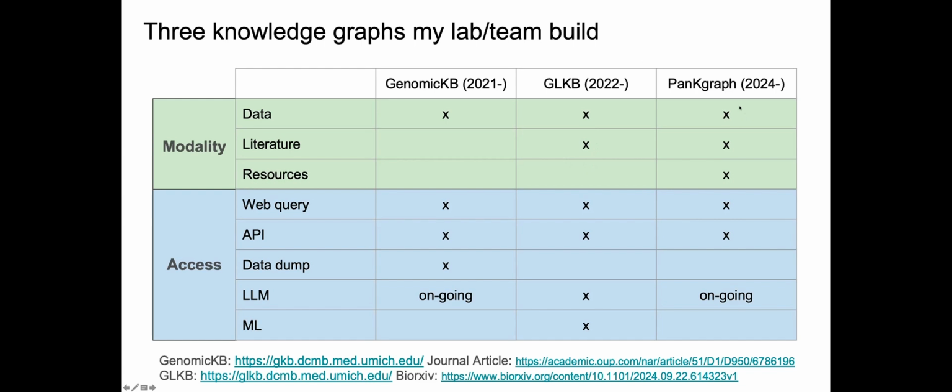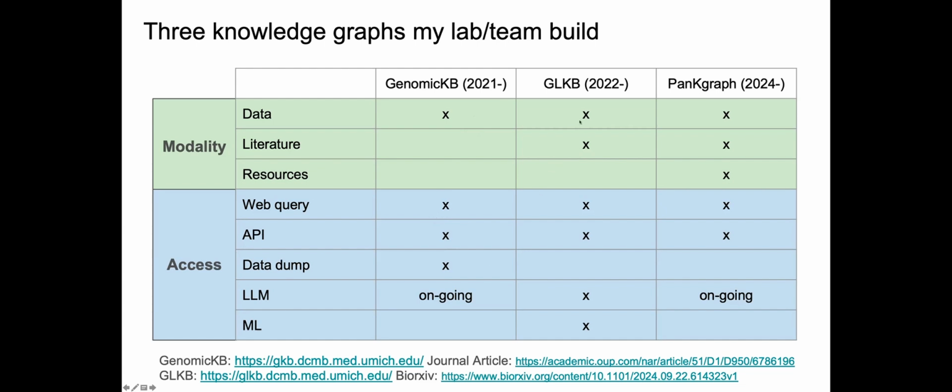And you can see when we started PanKgraph, we included not just data, literature, but also resources linked. And in terms of how to access the knowledge graph, for the earliest genomic KB right now we can do web query, API, we share the data dump. It can be accessed by LLM.